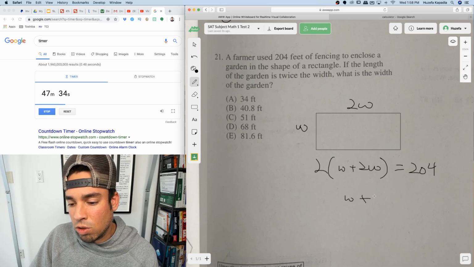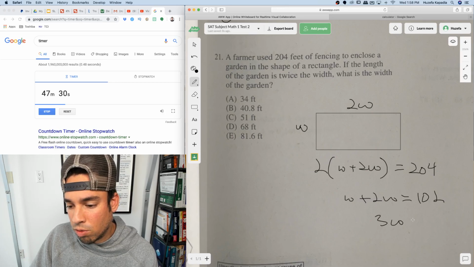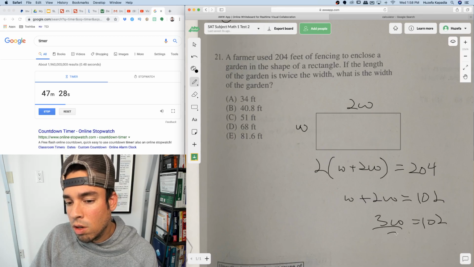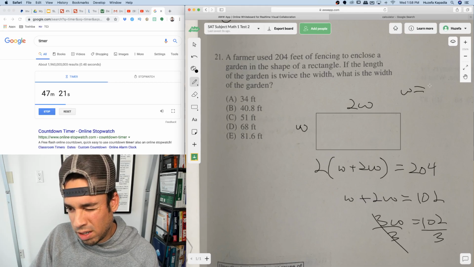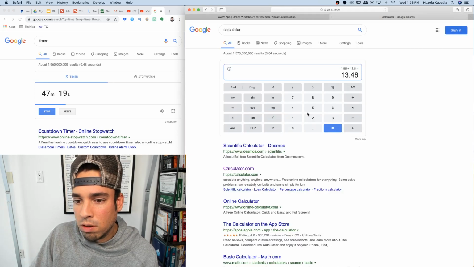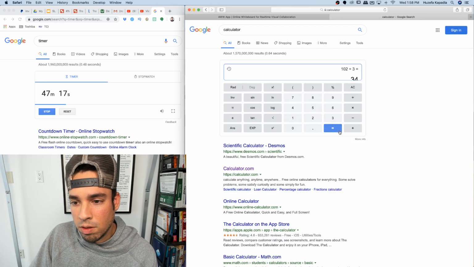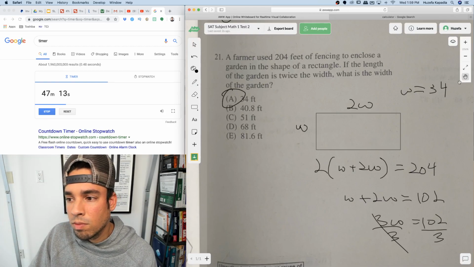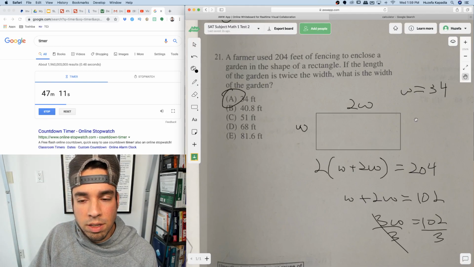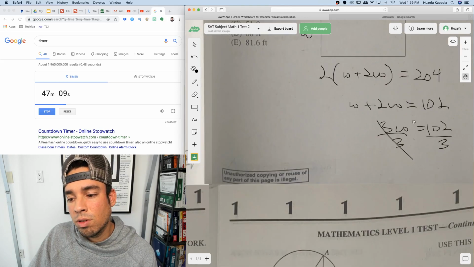Divide both sides by 2, w plus 2w equals 102. That's 3w equals 102. Divide by 3, w equals 34. Or length is 78.